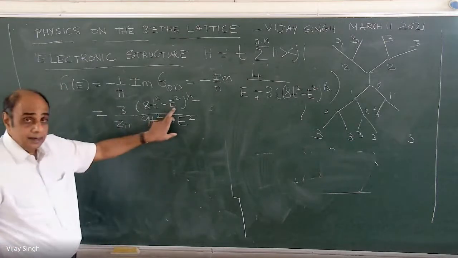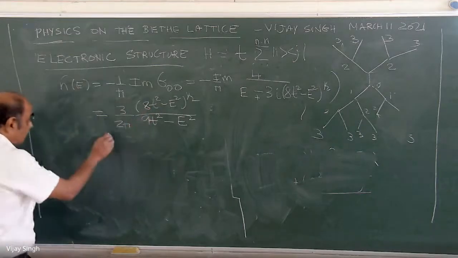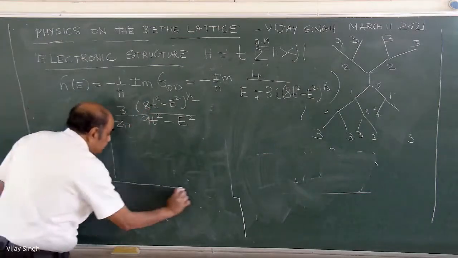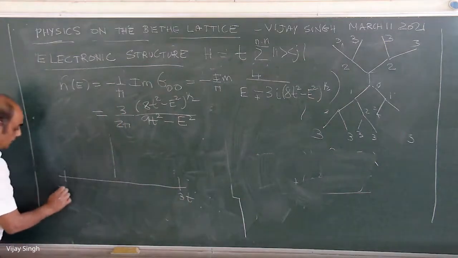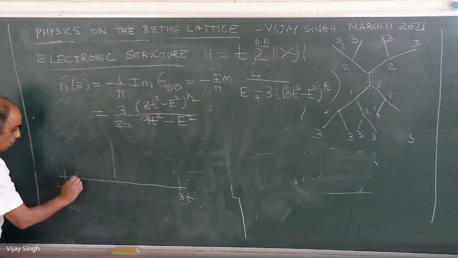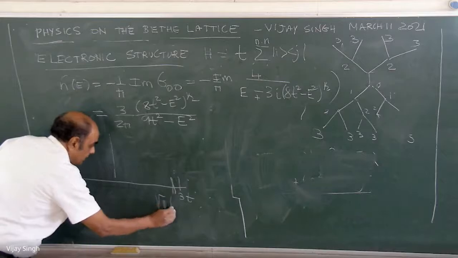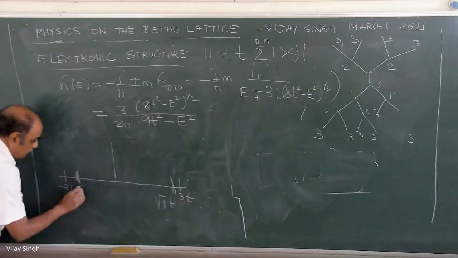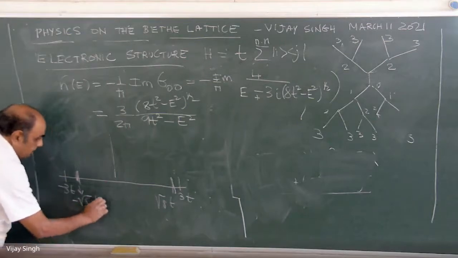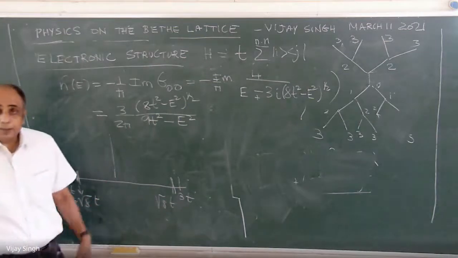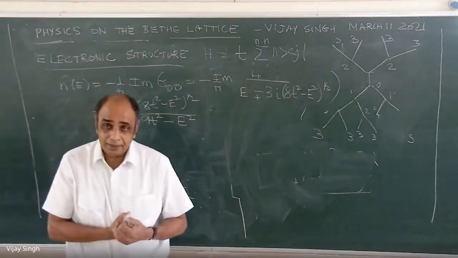It is quite clear that E will go only up to square root of 8t. So if I were to plot this, I have 3t, I have minus 3t, but it will only go up to this point, square root of 8 times t, and this point is minus square root of 8 times t. Try plotting this. I'll give you a couple of minutes to see if you can plot.